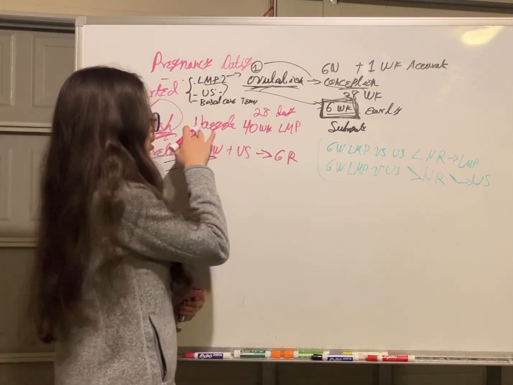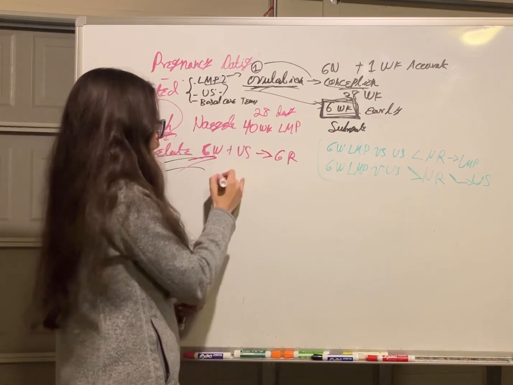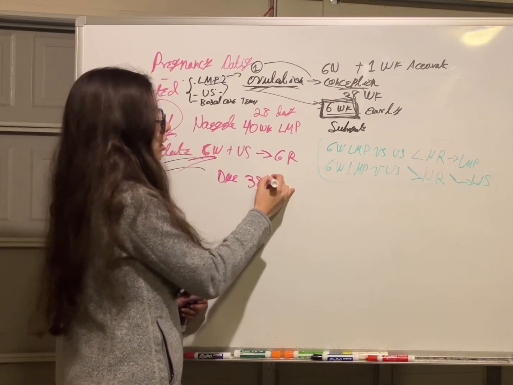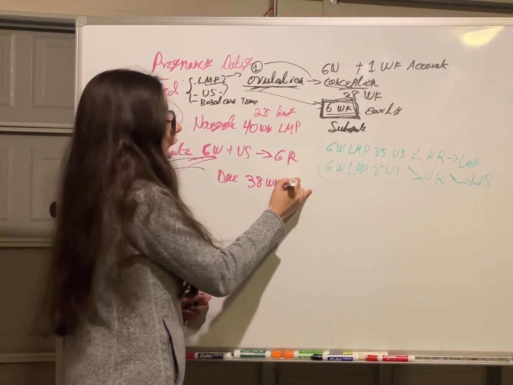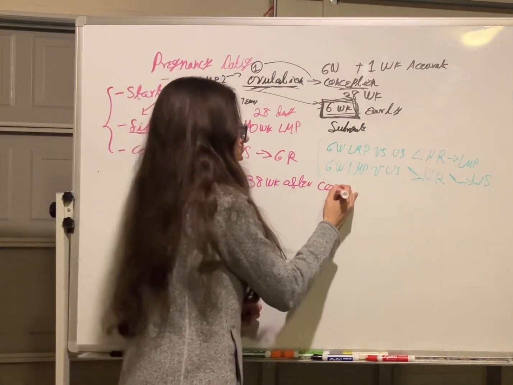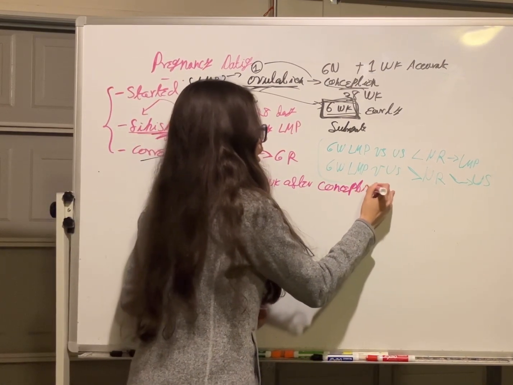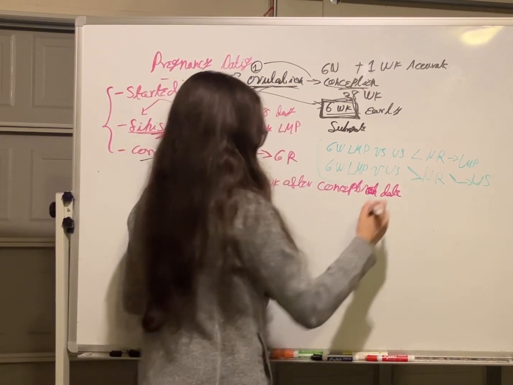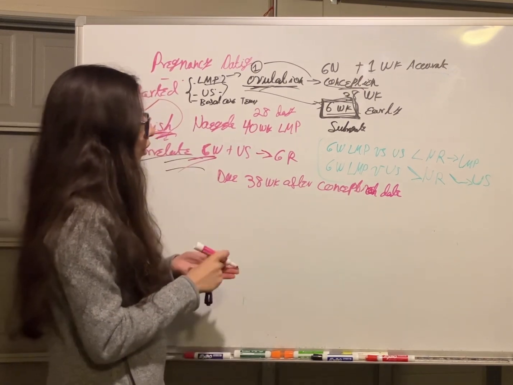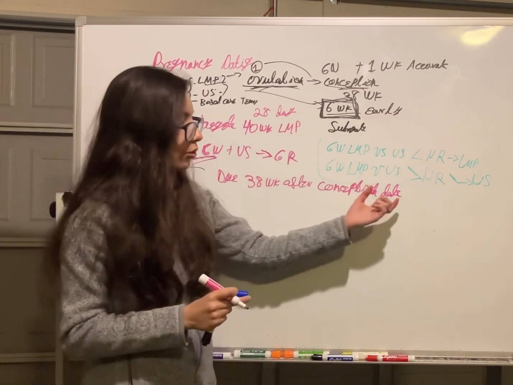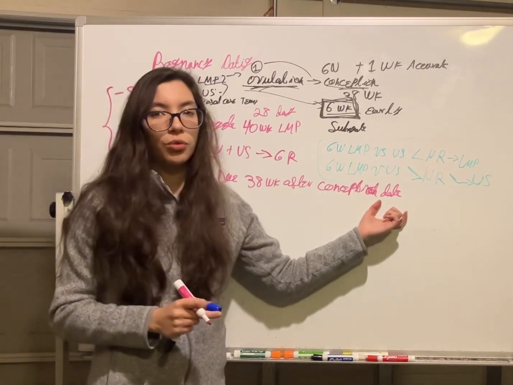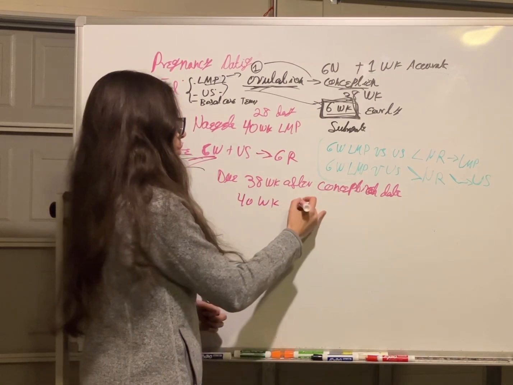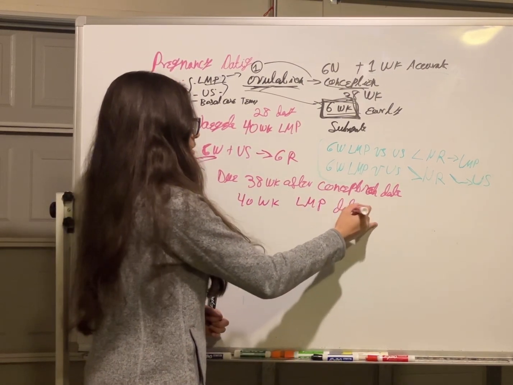More specifically, the rule is that the due date is 38 weeks after the conception date, but as we already saw, most of the time we don't know the conception date. So instead of adding 38 weeks to the conception date, what we do is add 40 weeks to the last menstrual period date.